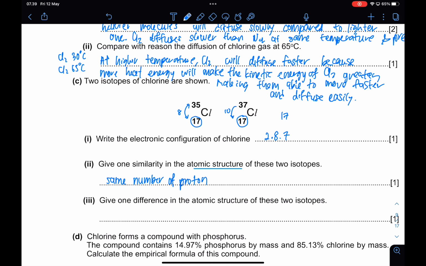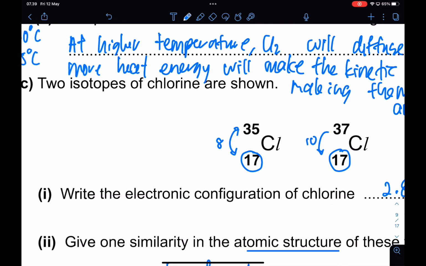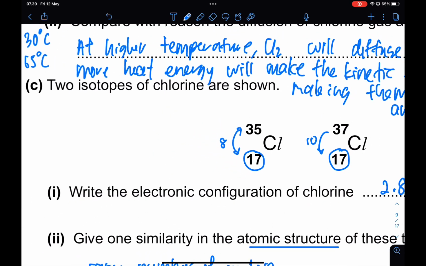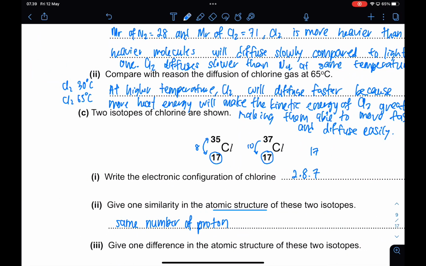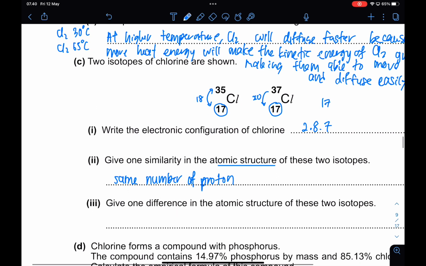Give one difference in the atomic structure of these two isotopes. Just now we saw the difference is going to be neutrons. One has 18 neutrons, another has 20 neutrons. So give one difference in the atomic structure.